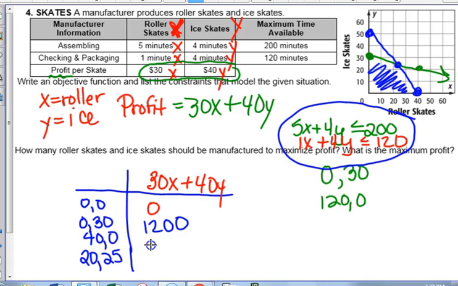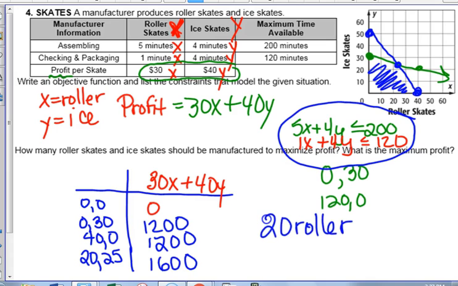And Pat, what if we make 40 pairs of roller skates? 1200 again. Anybody got this last crazy one? 1600. Thank you, Kate. So what should we do? Make 20 pairs of roller skates and 25 ice skates for a maximum profit of $1,600.